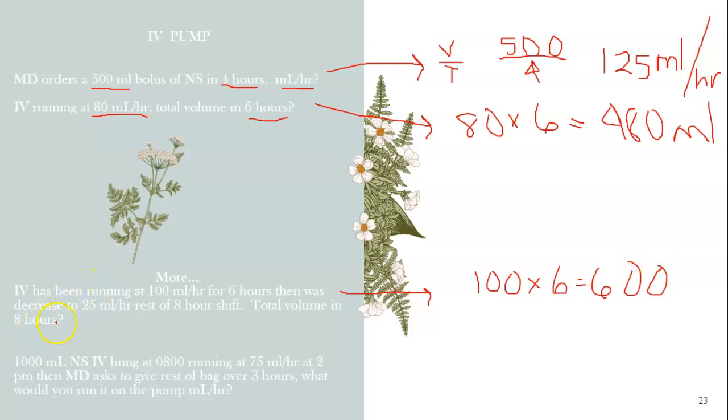Then it says it was decreased to 25 an hour for the rest of the 8-hour shift. How many hours do I have left? I would have 2 remaining hours of my shift, and it's going to be running at 25.